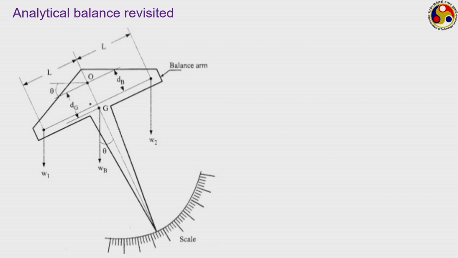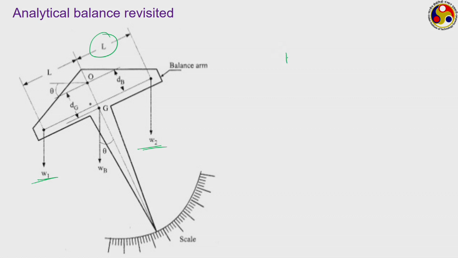Like shown here, this O refers to the position of the fulcrum that we are talking about, and here we have a force W1 acting on one side and W2 acting on the other side of the balance arm. The points of application of both these forces are at equal distance L from point O. Then, corresponding to W1, how much is the moment acting at point O?